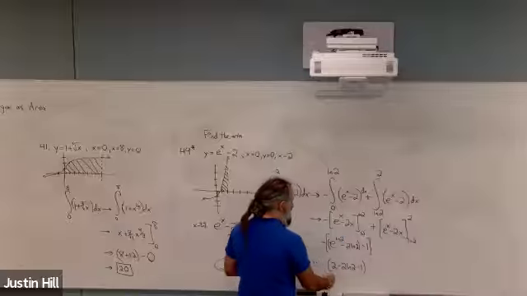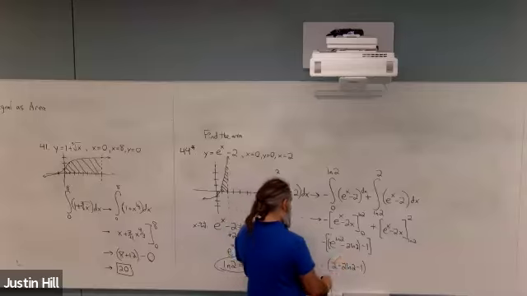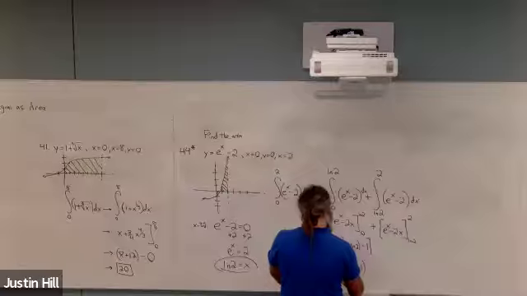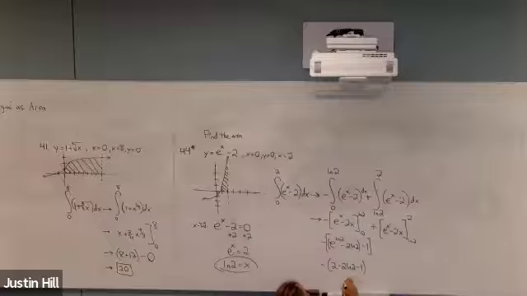2 minus 1 is a 1. And so in this next step, I'm going to go ahead and distribute the negative through. So what we end up with is 2 natural log of 2 minus 1 for that first part.